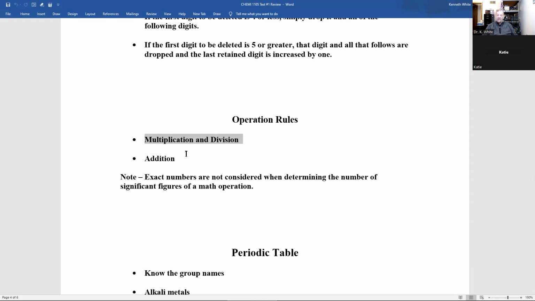And you should know how to do this for test 1. Again, for multiplication and division, you get the same number of significant figures in your answer as the number that you're multiplying and dividing that has the fewest significant figures.